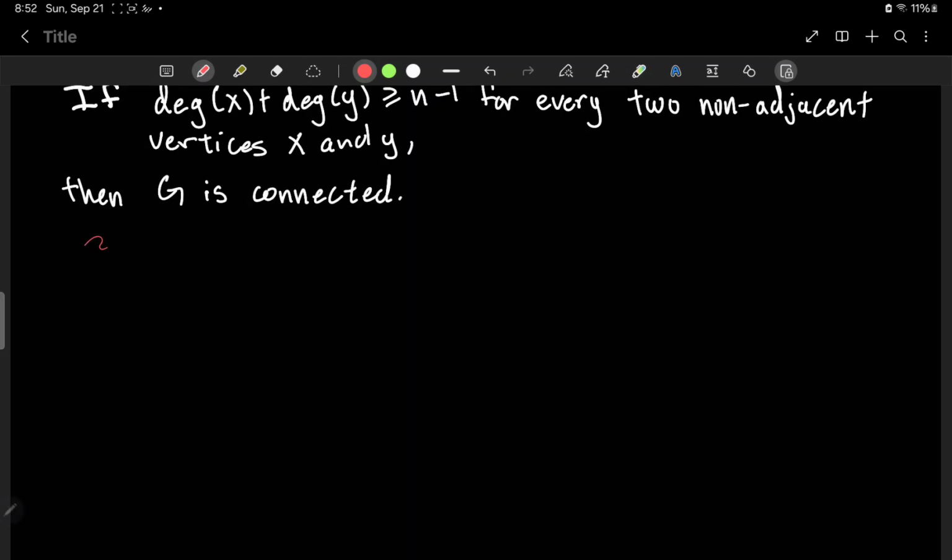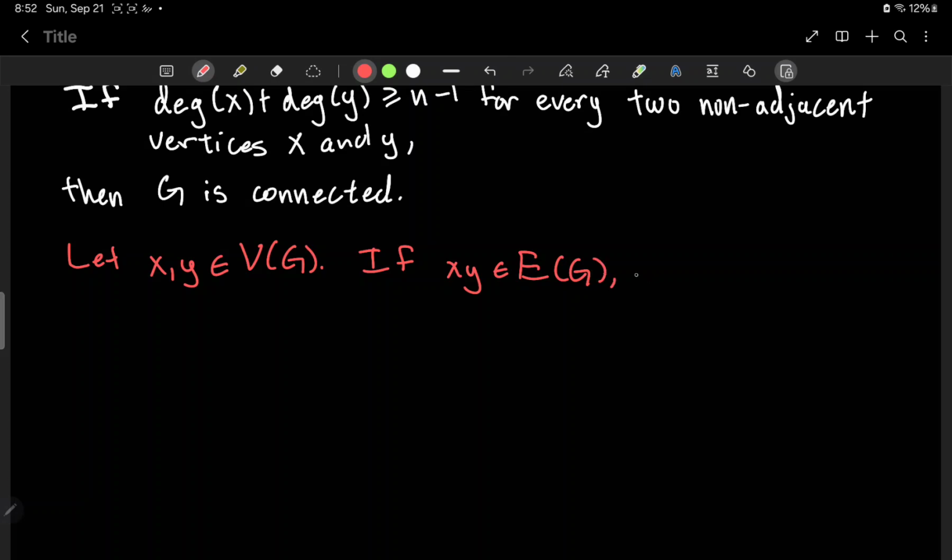So let's start off with: let x and y be in the vertex set of G. If xy is in the edge set of G, then the distance of x and y is equal to 1, and so they are connected.